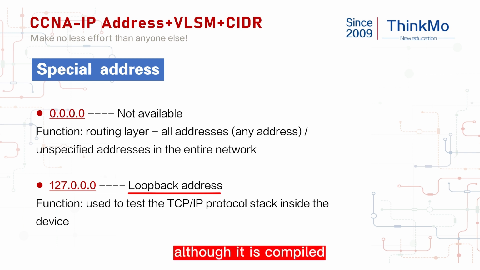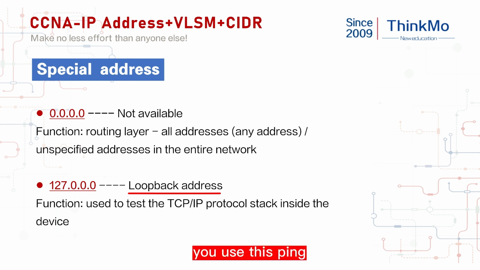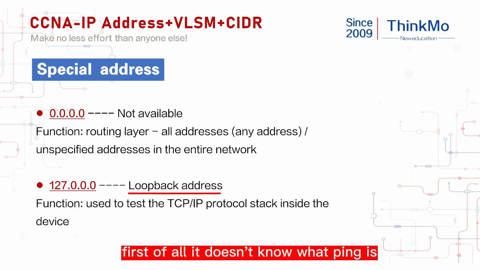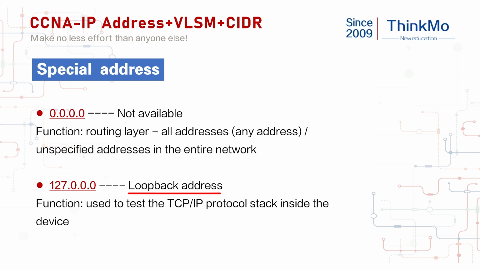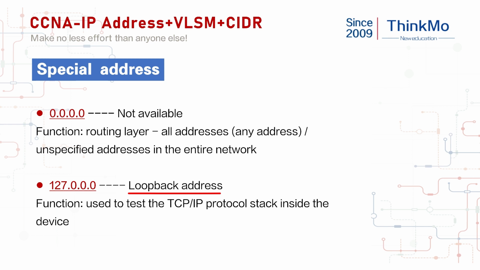Although it is compiled, it is also 0101, but their final representation is not dotted decimal, not four groups. If you install the IPX protocol and then ping this address, even if you call up the CMD command line, first of all it doesn't know what ping is. Second, you definitely can't ping an address like this, because this address does not conform to the protocol specification at all. It cannot be read.